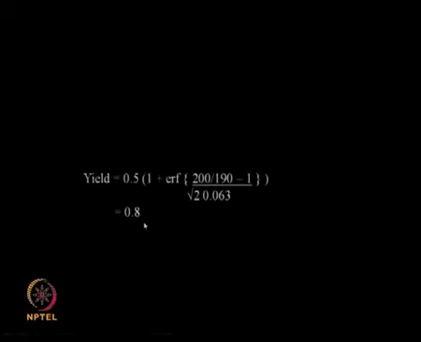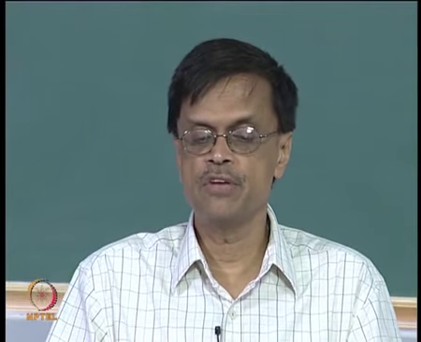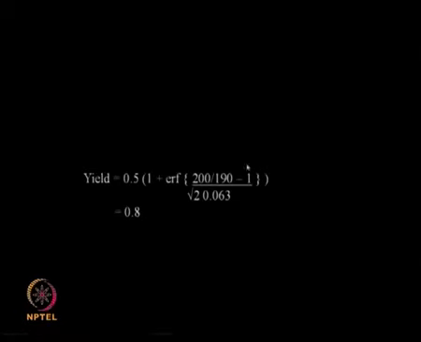So the yield up to the 190th minute, that is where the retention time or the maximum happens, will be 0.5, and when I go beyond the 190th minute, the yield will be much more than 0.5, which is given by this extra term here. So erf x is equal to (T by T naught minus 1) divided by square root of 2 sigma.